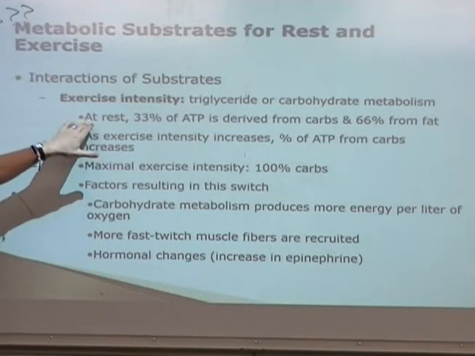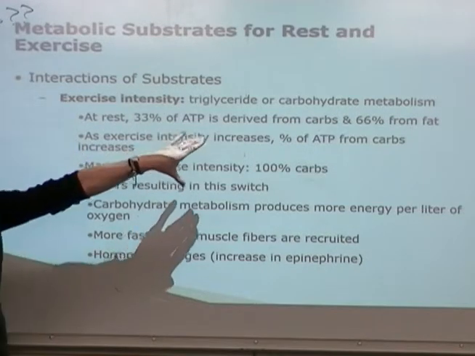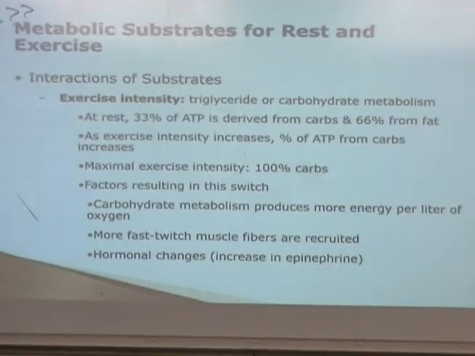And so, at rest, when I'm not doing anything, most of my energy is going to come from fat. 66% of the ATP that I make comes from fat. It's just that I'm working at such a low intensity, that work is so easy that that doesn't equal a lot of calories.